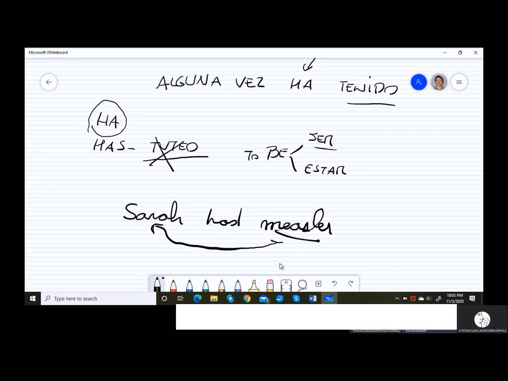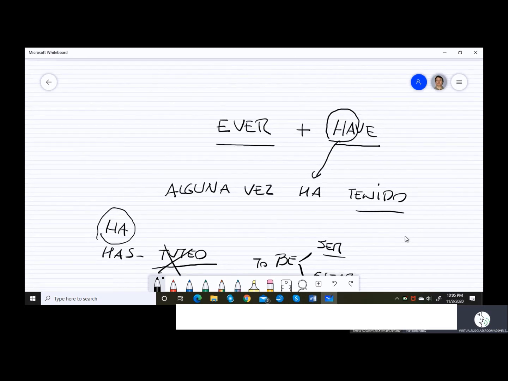¿Usted ha tenido algunas operaciones? Okay. Let's go back to what we saw a little earlier about the "have" and the "ever." Alguna vez, and in this case we would have to say alguna vez ha sido operado.